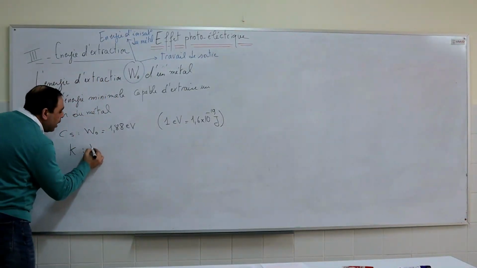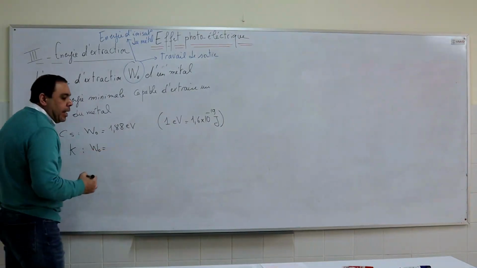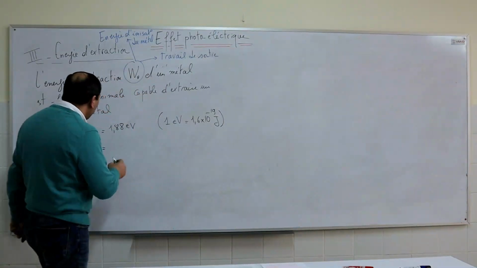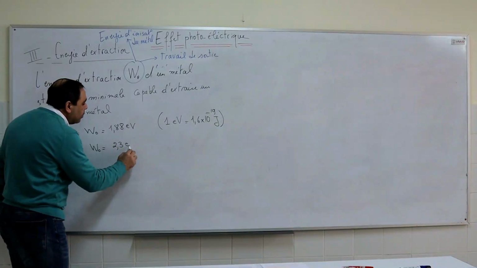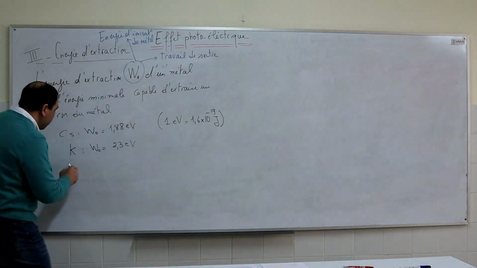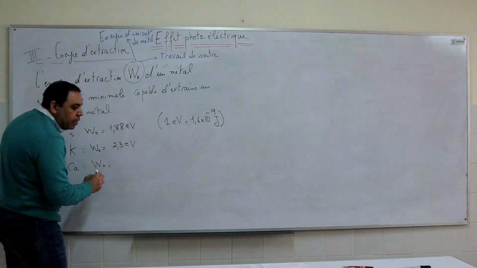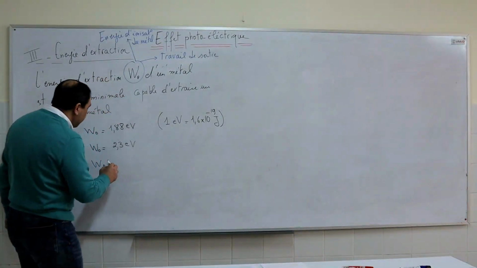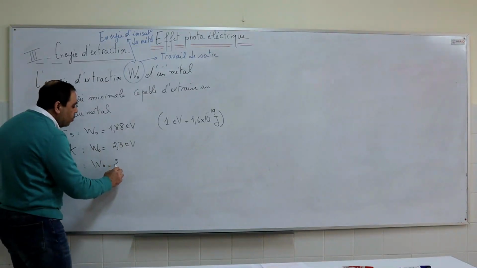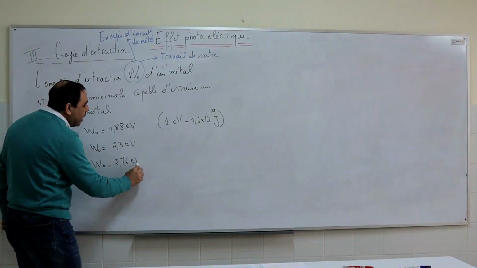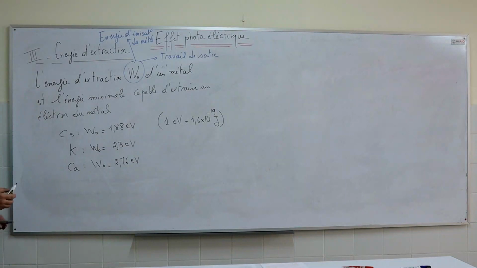For potassium, the extraction energy is equal to 2.3 electron volts. For calcium, W0 equals 2.76 electron volts. What do we notice?